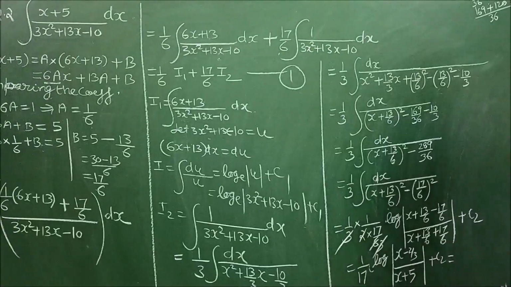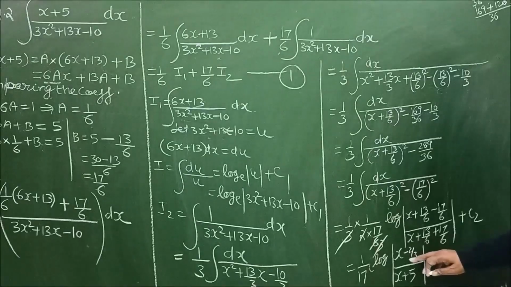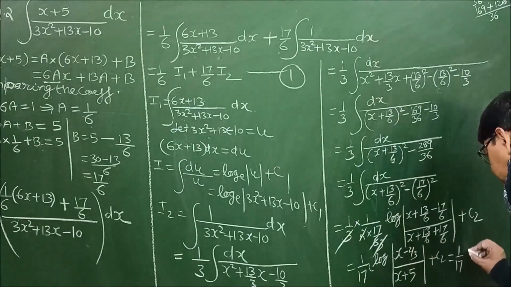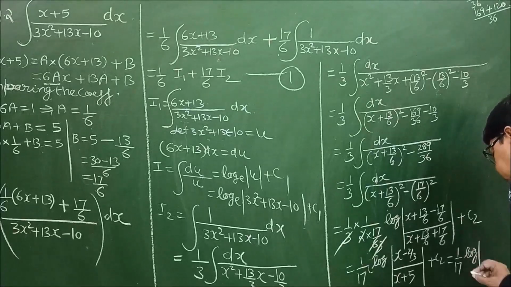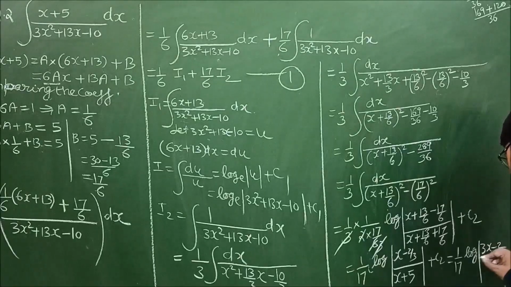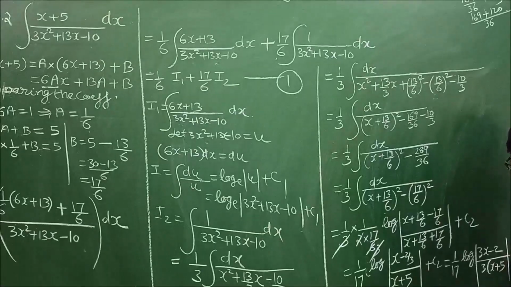If we take the LCM in the numerator, this reduces to 1/17 log |(3x − 2)/(3(x + 5))| + C2.